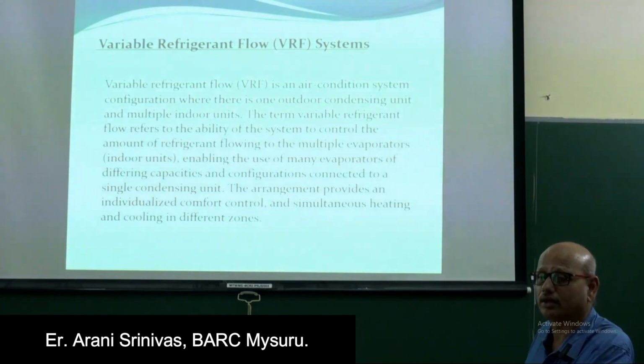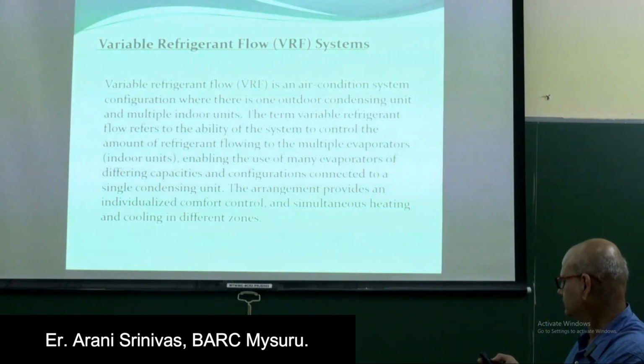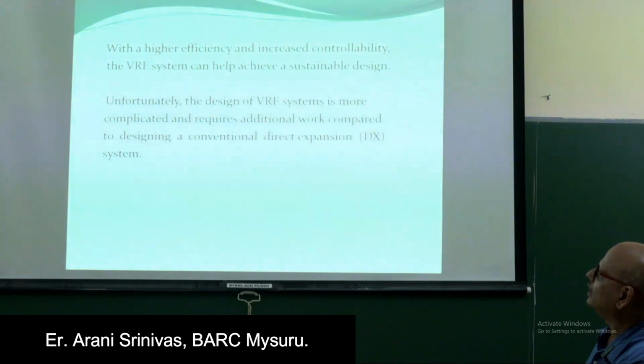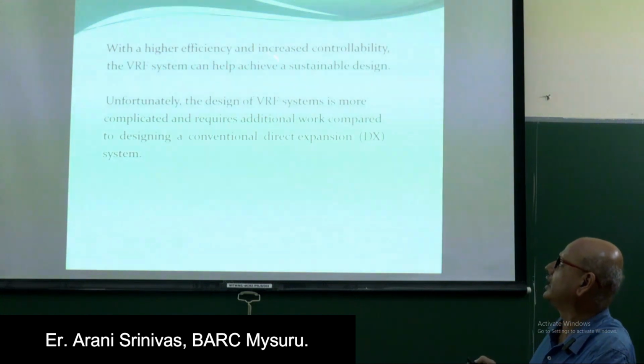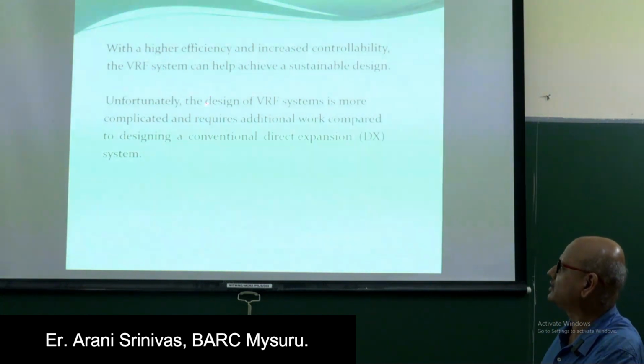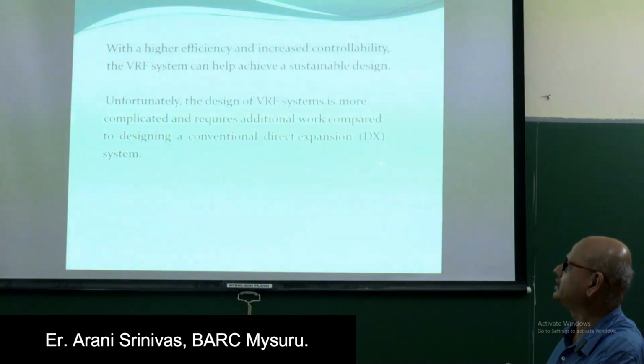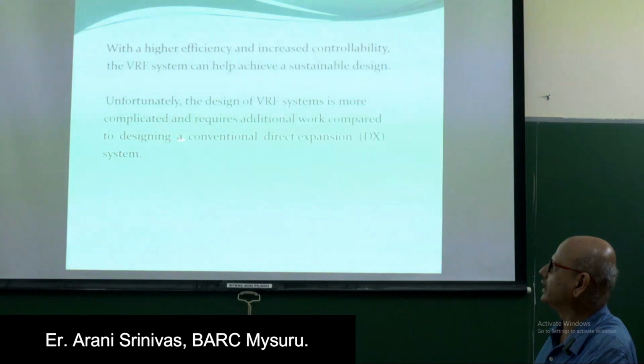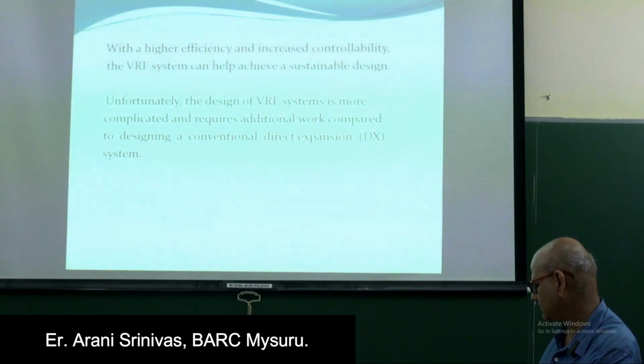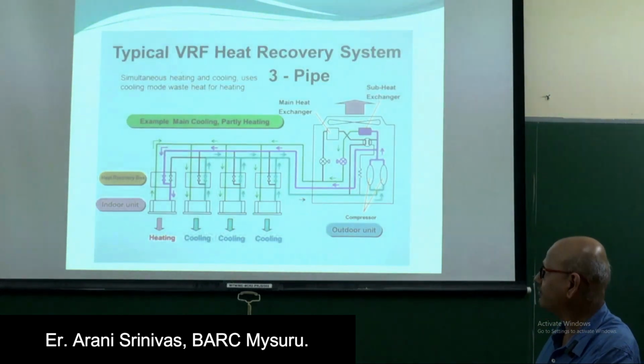Because of that, the power consumption is reduced. With higher efficiency and increased controllability, the VRF system can help achieve a sustainable design. Unfortunately, the design of a VRF system is more complicated and requires additional work compared to designing a conventional direct expansion system.